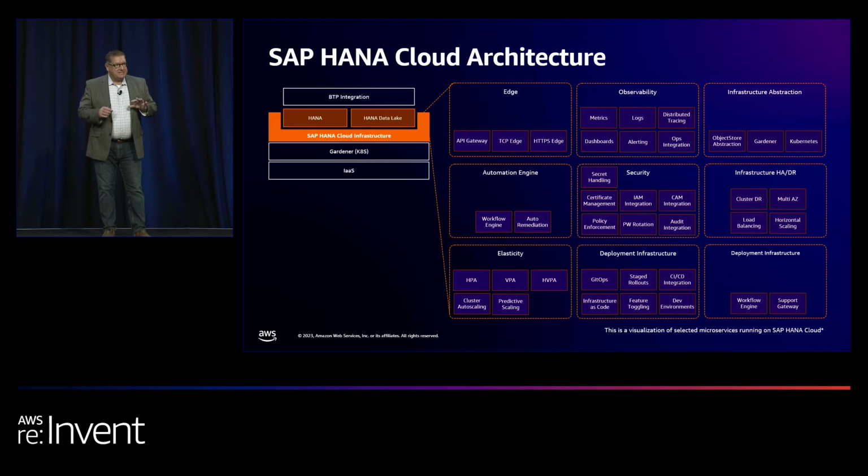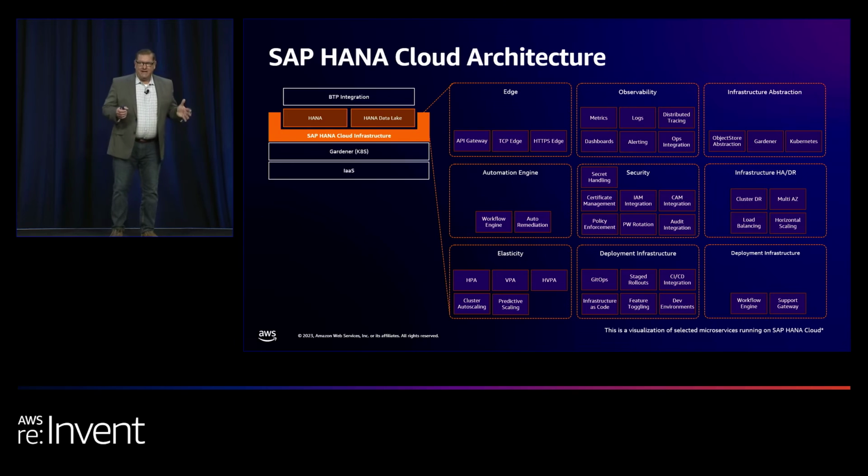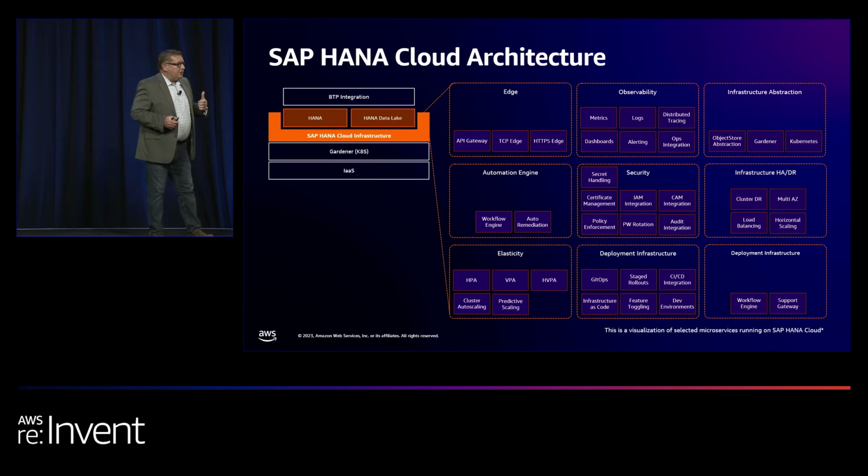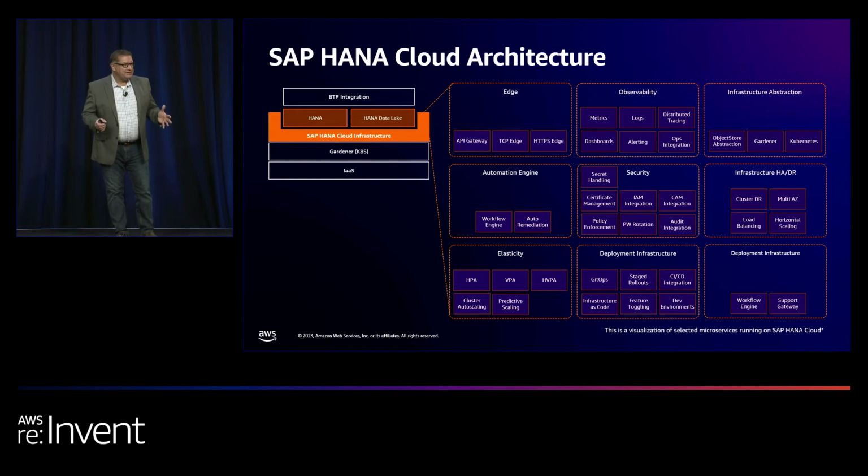So at its base, of course, you have the infrastructure as a service, the ARM-based AWS Graviton infrastructure, and then building upon that, the Gardener-managed Kubernetes services. If you're not familiar with Gardener, Gardener is an SAP Kubernetes project, an open source project that we contribute to. And then, of course, we have the microservices that are on this, that are basically deployed via the SAP Common Services infrastructure. That's how we deploy it.